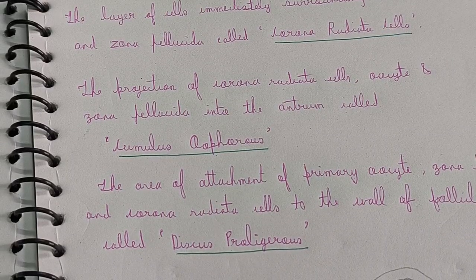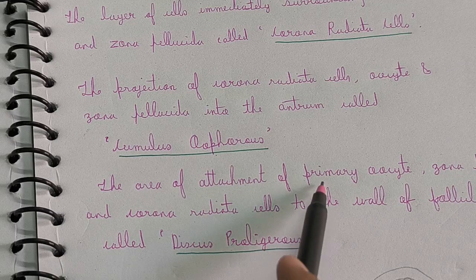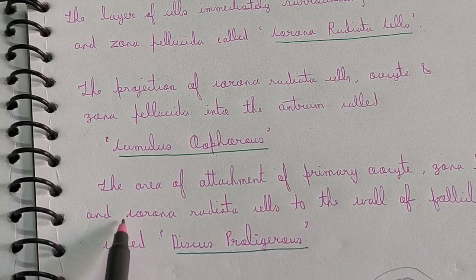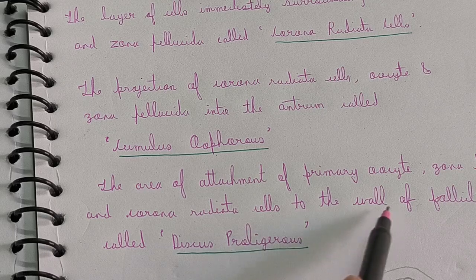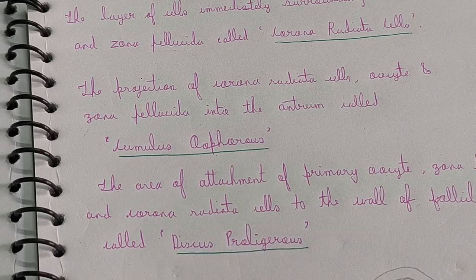That portion I have written: the area of attachment of primary oocyte, zona pellucida and corona radiata cells to the wall of the follicle is called discus proligerus.